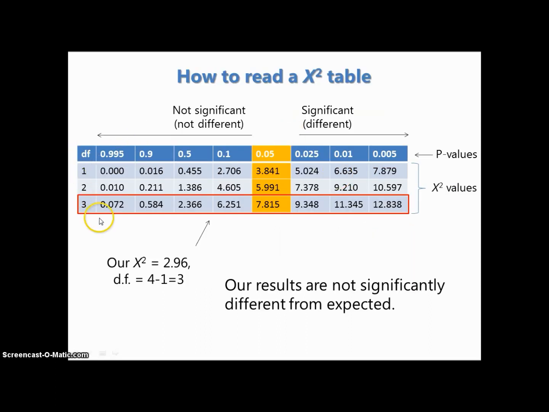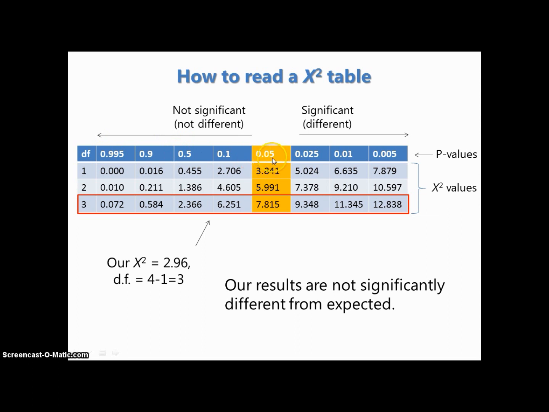And you go to your chi-square table. How you read this table is that there are different lines for different degrees of freedom. Ours is 3, so we go to this line. We want to compare our chi-square value, 2.96, with the one that is required for a p-value of 0.05.